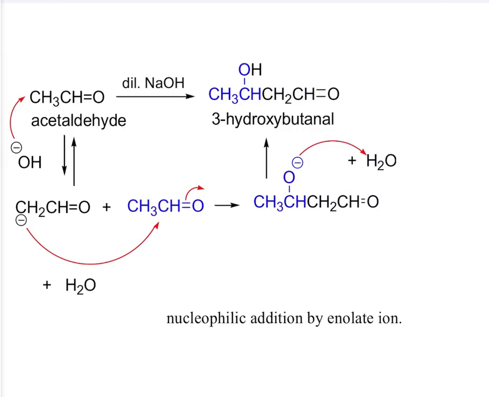So first we will try to understand the mechanism of the reaction under basic condition. Under this basic condition, any carbonyl compound that contains active hydrogen, as you can see in this example, the active hydrogens are at the alpha position, which are acidic in nature. So in the presence of base, these acidic protons will be removed by the base to produce an enolate which is nucleophilic in nature.